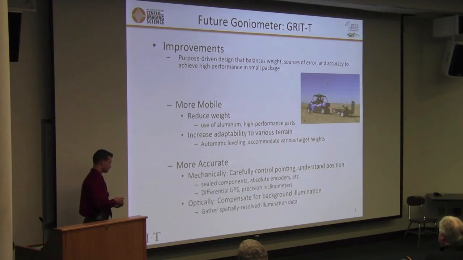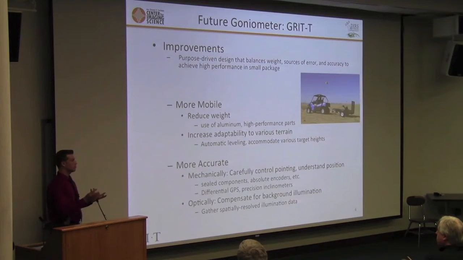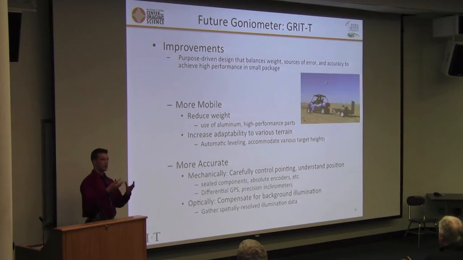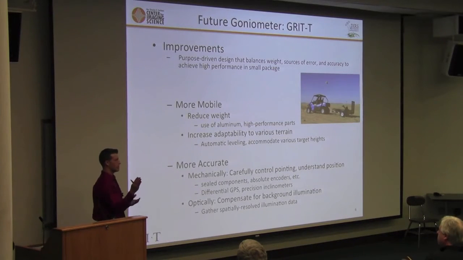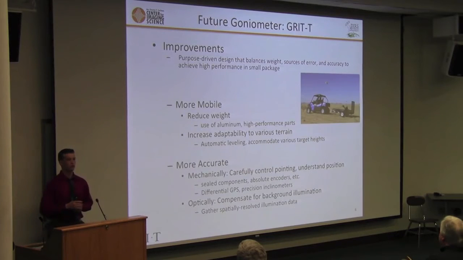So what we did to understand our position all the time is have the motor movements like normal, but we also had sealed encoders that actually are monitoring the true reached angle, so you know where the device actually ended up, which is really important. So if you moved over to 45 degrees off nadir and the wind's blowing slightly and you actually only made it to 43, we know that with this system because we have encoders that are constantly monitoring that.